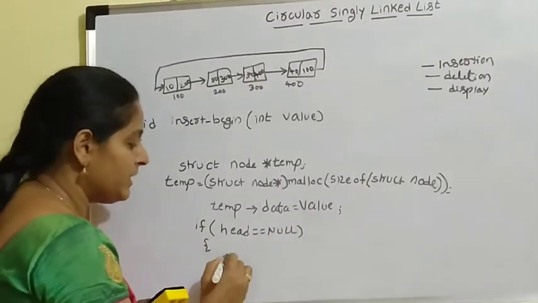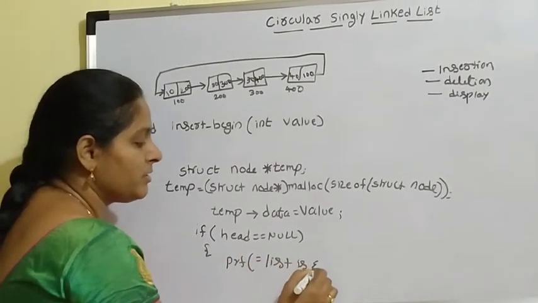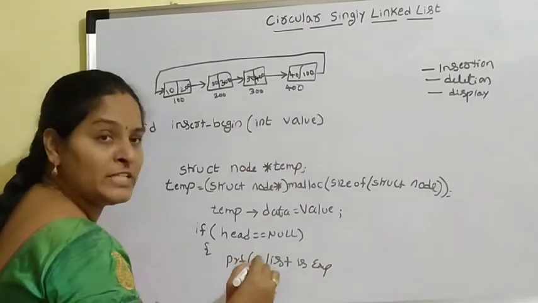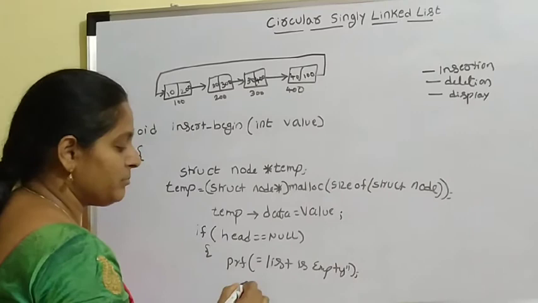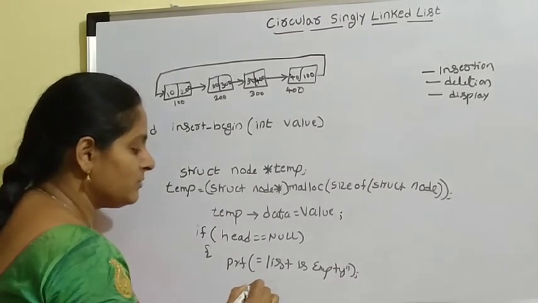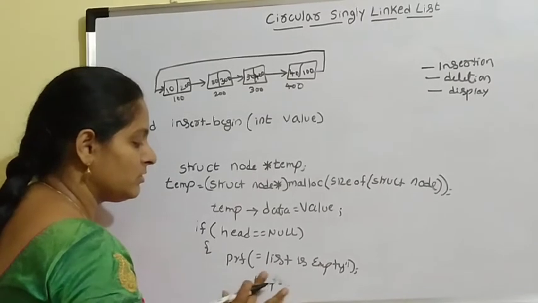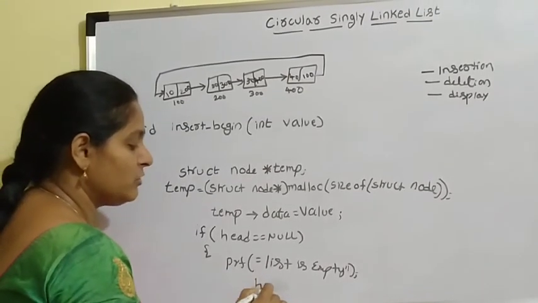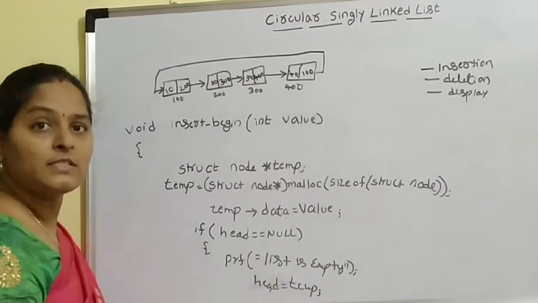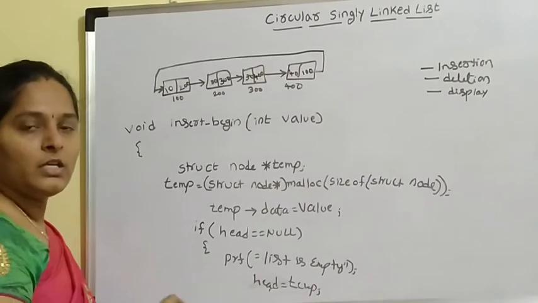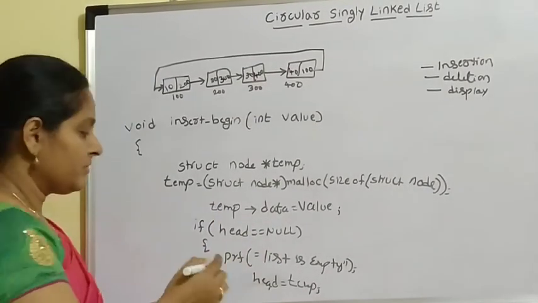If the list is empty, just print the message, list is empty. Here PRF means printf statement. If the list is empty, our inserting node will be the head node as well as the last node. So head equal to temp and head next equal to temp, right?